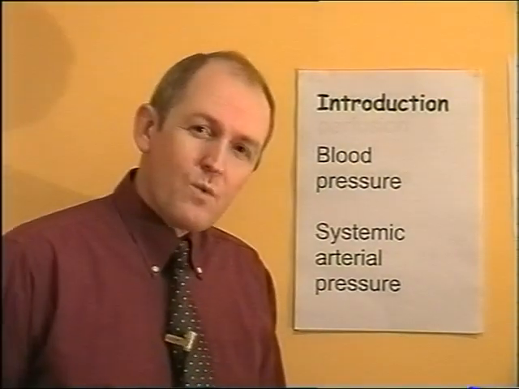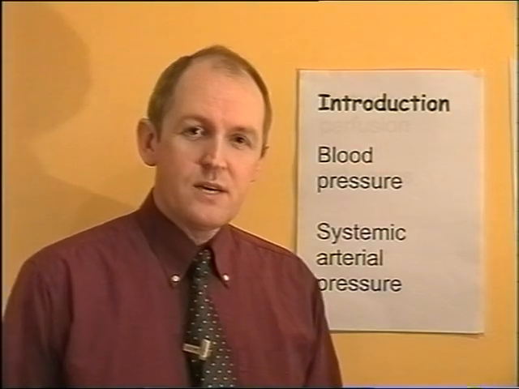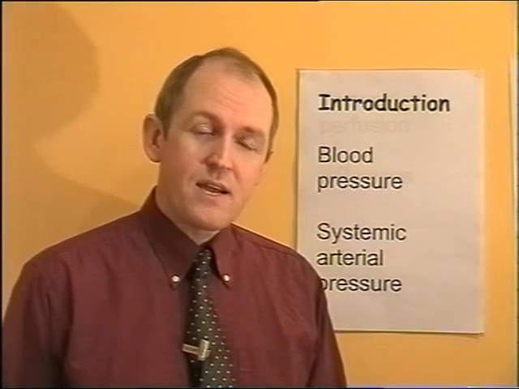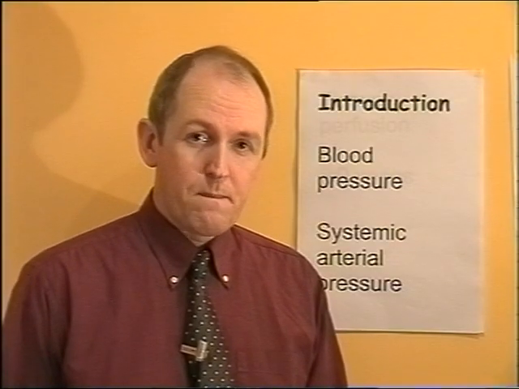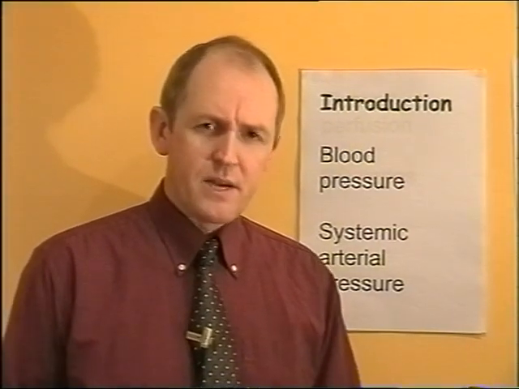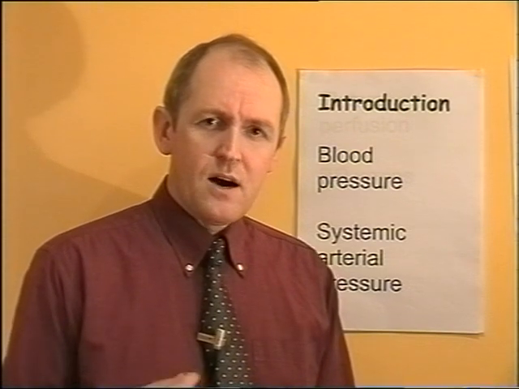Now, when we're talking about blood pressure, we're normally referring to the pressure in the arteries of the body. That is, in the systemic arterial system. So when someone says, go and take the patient's blood pressure, what they actually mean is go and record the pressure in their systemic arterial system.